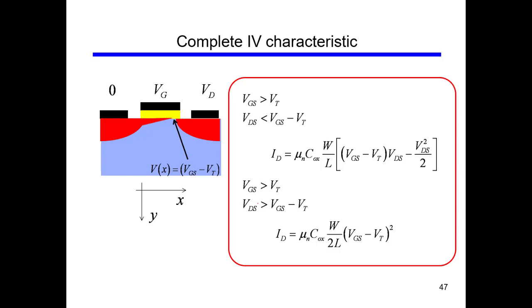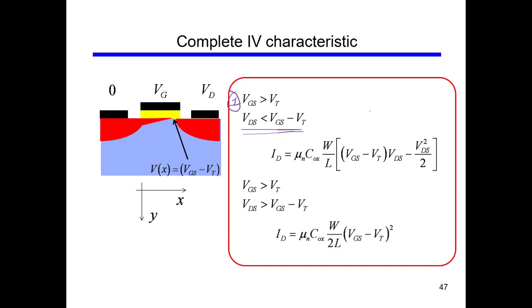Number one, if we have VGS greater than VT, what that means is that the transistor is on, and VDS is less than VGS minus VT.